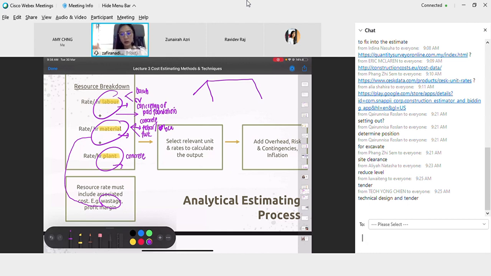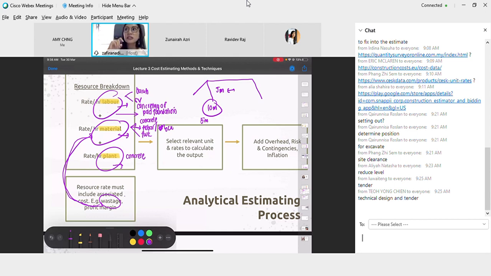So it's very tiny. Katakanlah the minimum length of you nak beli that steel truss tu is 10 meter, but your pondok guard is only 5 meter length. So ada wastage kan? Sebab minimum you mesti beli 10, you cannot beli 5 meter. So there is another wastage of 5 meter. So you kena kira wastage tu dekat dalam material ni.